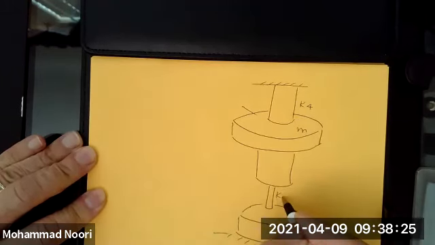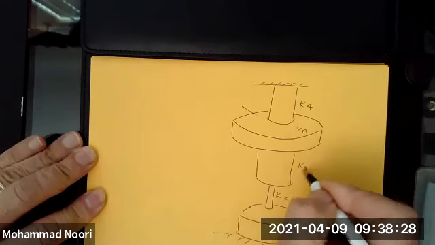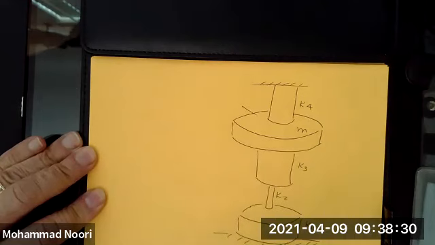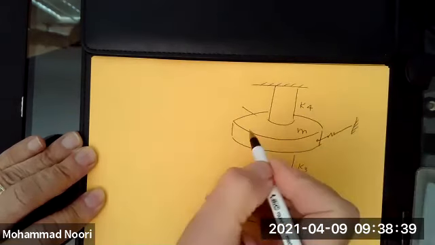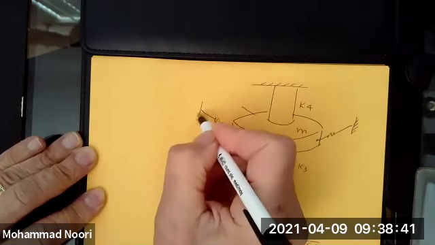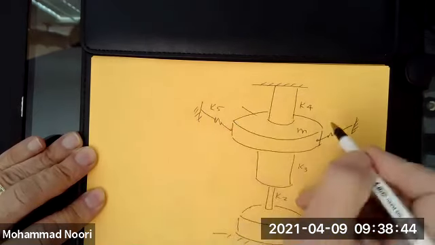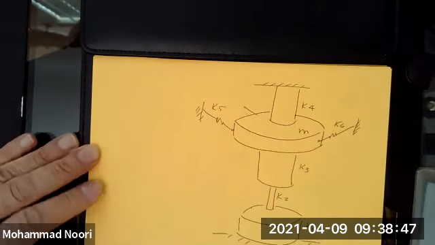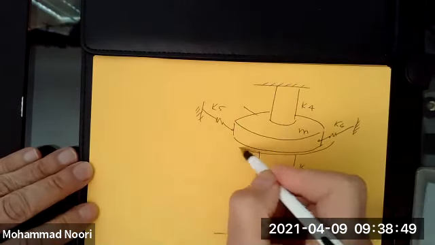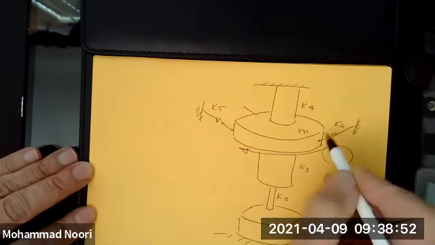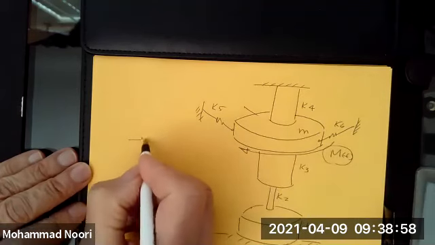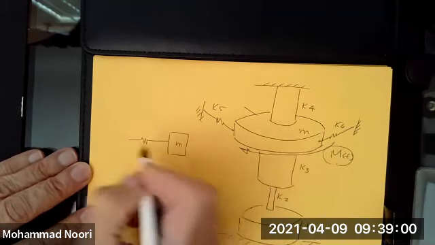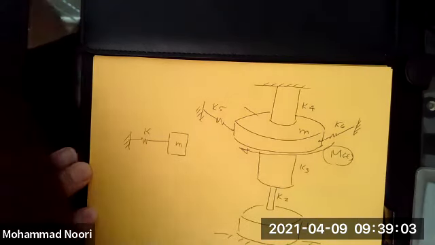These are torsional stiffnesses, but that's not the point. The torsional stiffness of each piece is given. This disc is also connected to two springs with the given stiffnesses, K5 and K6. So the problem is asking, if this is subjected to an external moment M of t, can you set up the model for this system?